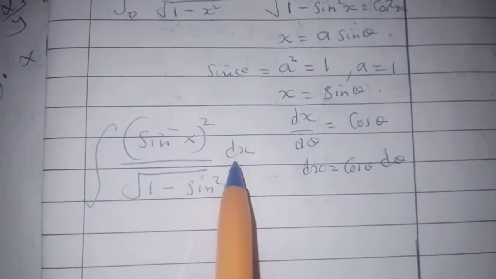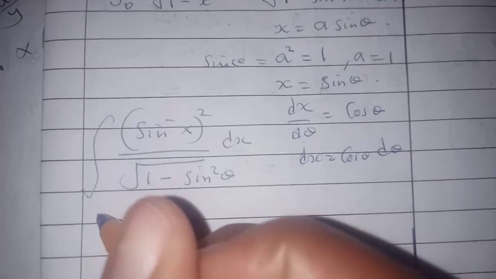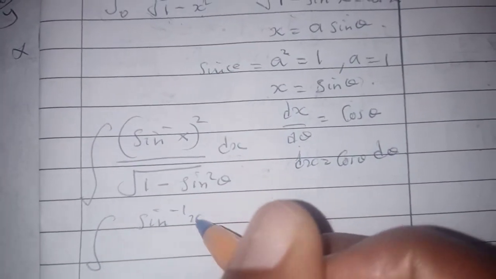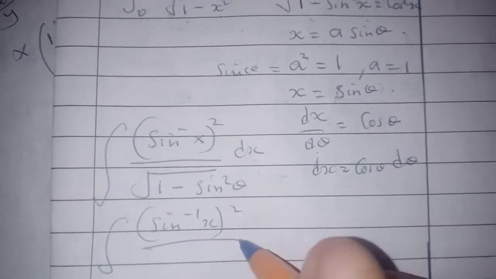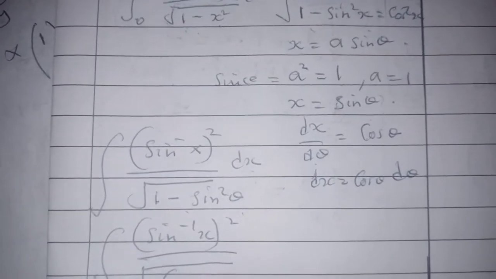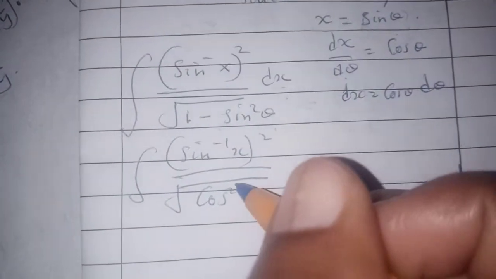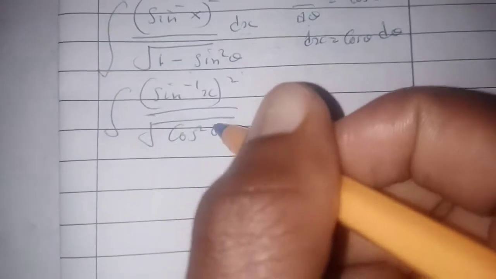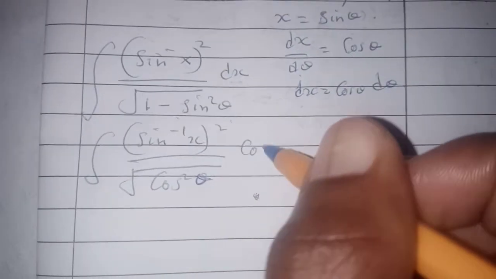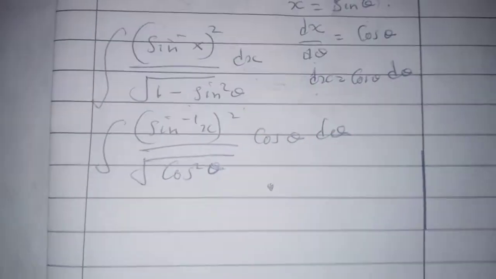Very simple. Just say the integral of sine inverse x squared all over the root of, remember, 1 minus sine squared theta is cos squared theta. So you just write here cos squared theta, then dx is cos theta d theta. So let's simplify it.